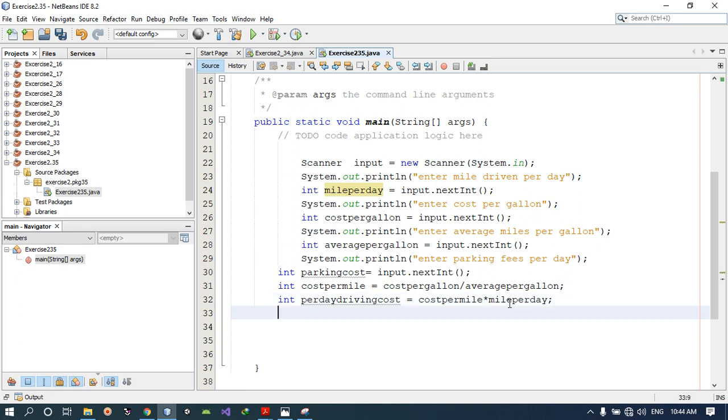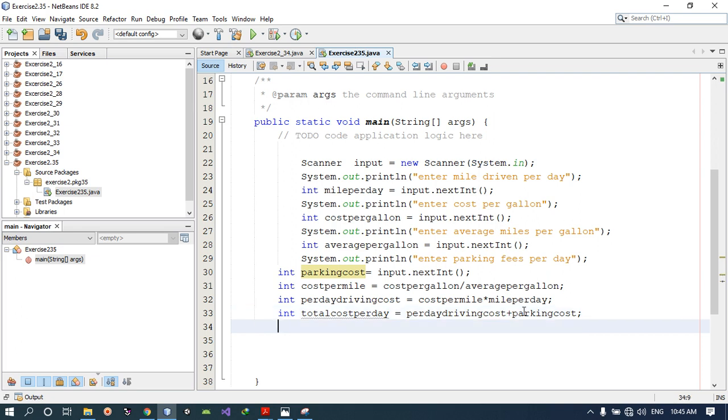Now we should add it to the parking fees. So what is the parking fees? Total cost per day is equal to this value plus the parking value. Now we have finished the question.